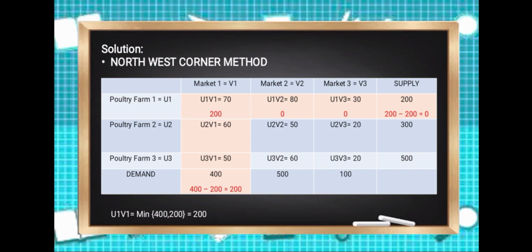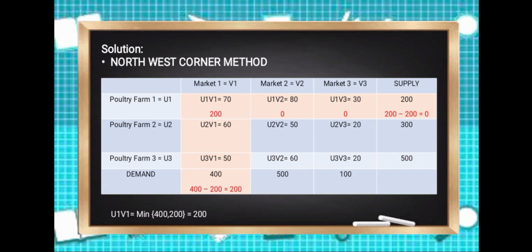So U1, V1 has the demand of 400 and the supply of 200. The minimum of 400 and 200 is equal to 200. Since 200 is the minimum, 200 is the value of U1 V1.